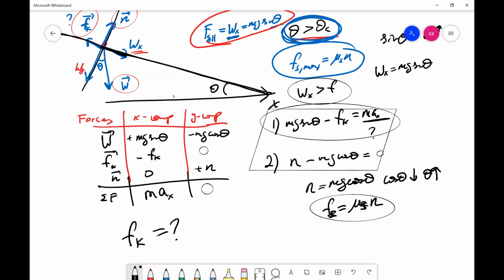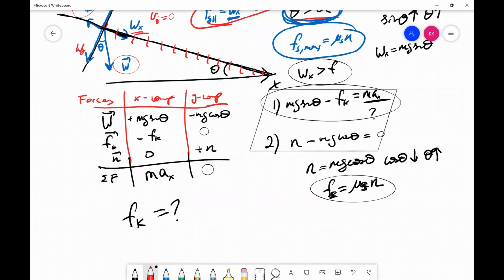As objects start sliding down, remember one of the first experiments that we did, an object going down an incline, and we measured the motion by finding the position as a function of time. If the object starts from rest, so initial velocity is 0, you can measure the position at equal time intervals.